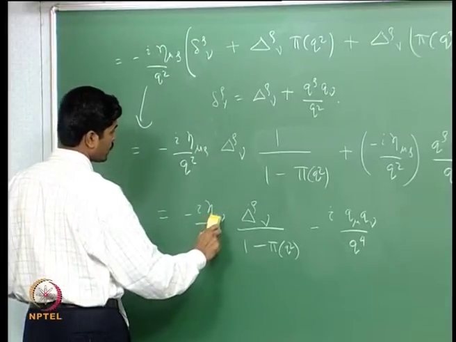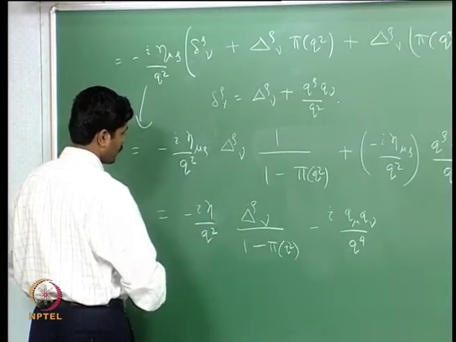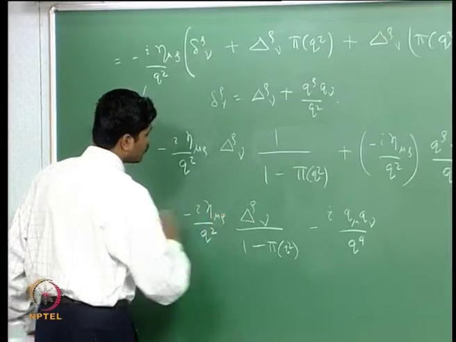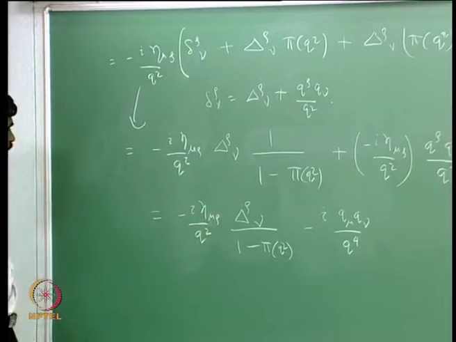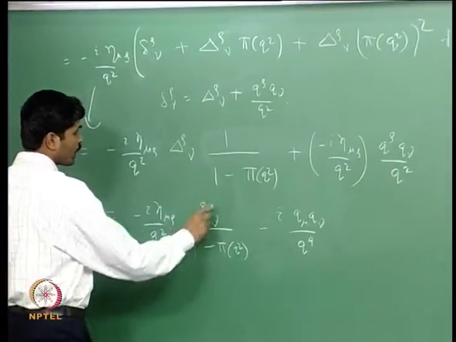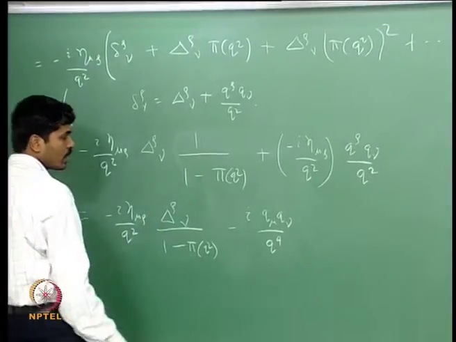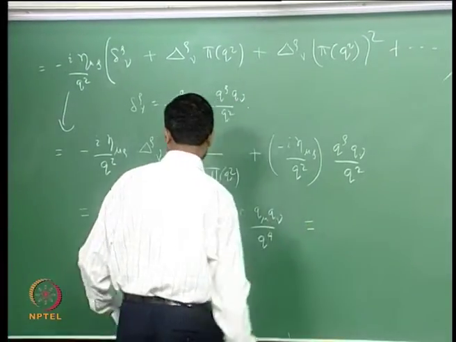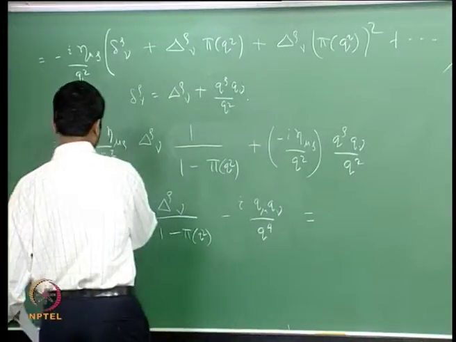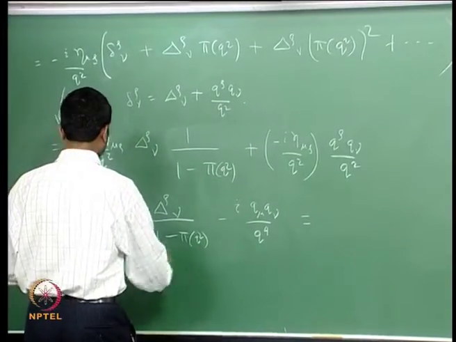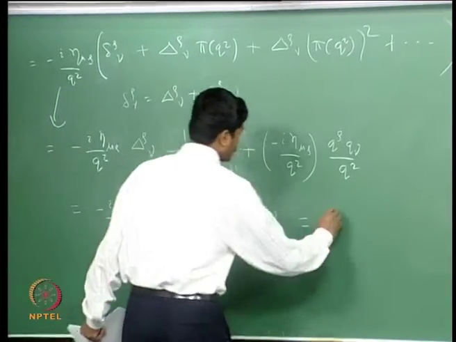So, I have eta mu rho in this term. If I multiply eta mu rho by delta rho nu, what I will get is simply minus i divided by q square times 1 minus pi of q square.